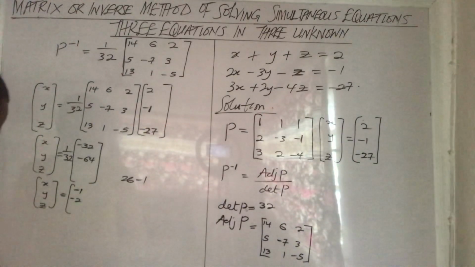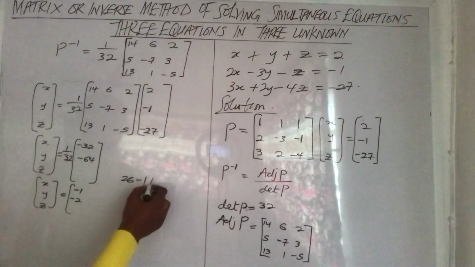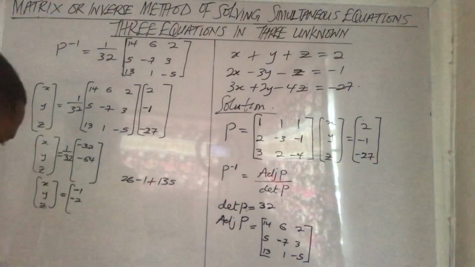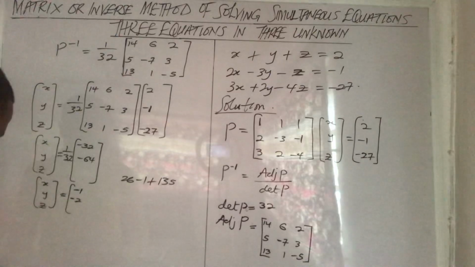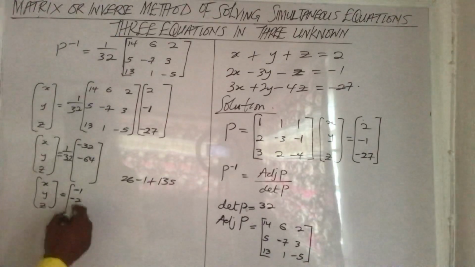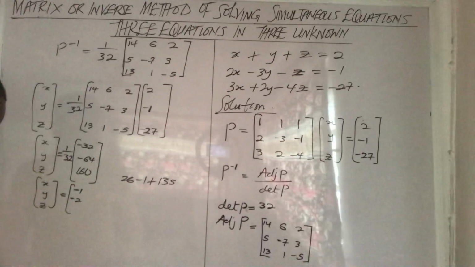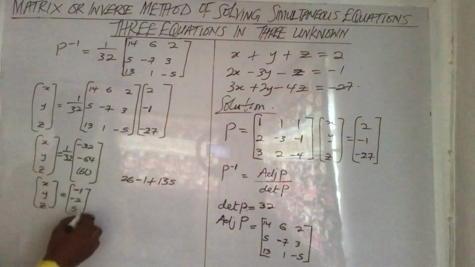Then 5 times 27, that's plus 135. So 135 minus 1 plus 26 gives me 160, divided by 32. So you have 160 divided by 32, that's 5.